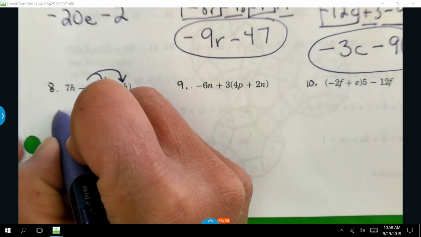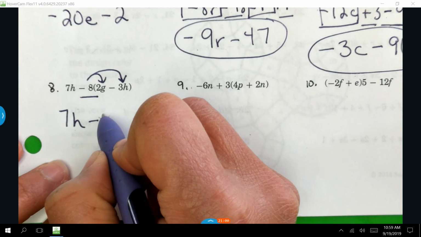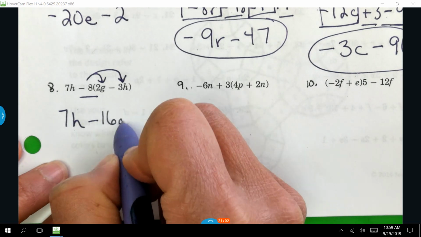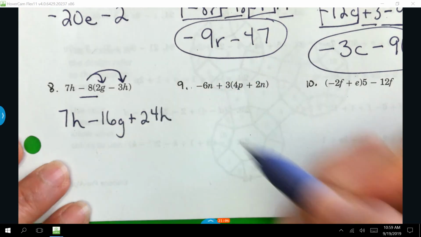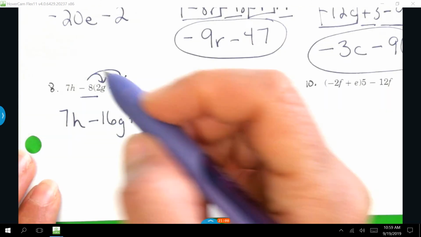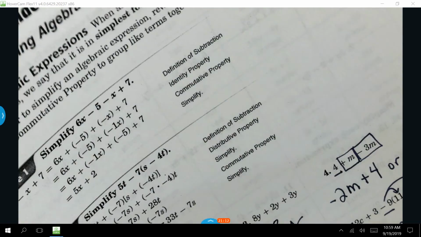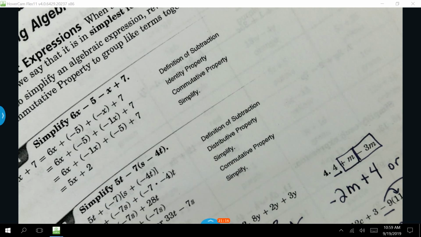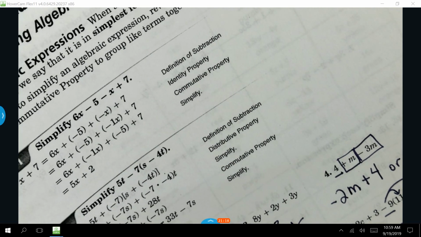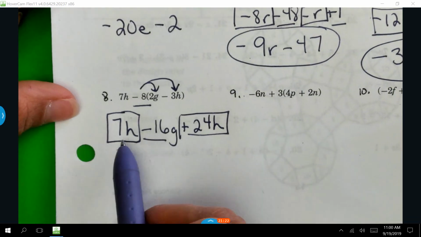So we rewrite 7h minus 16g plus 24h. So you finish that problem. See what you get. You want h minus 16. Do we agree? H's go together.